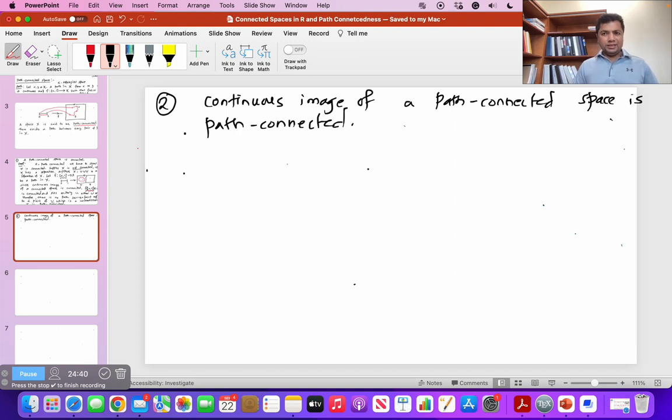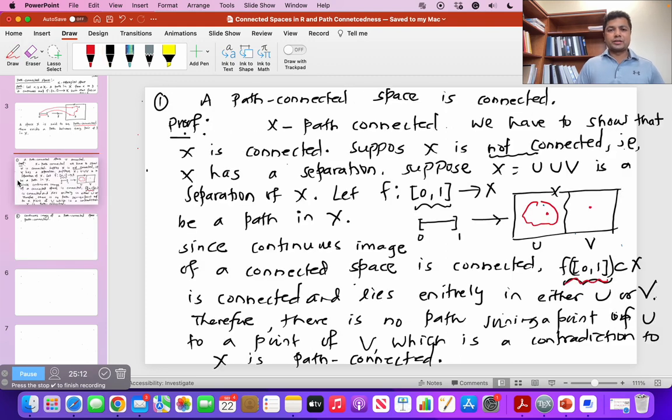The proof is easy, so I'm not giving the proof here; it should not be hard. Next I'm going to give you some examples of paths in a topological space and also some examples of path connected spaces, and then I'll give you one example of a connected space which is not path connected. That's the counterexample for the converse of the first property that we mentioned here.